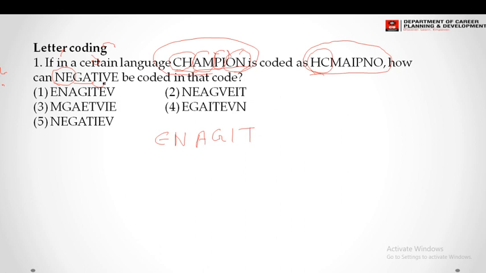The next two are VE, written as EV. So this will be the code of this word. The option is 1: EN, AG, IT and EV. So the answer of this question is the first option.